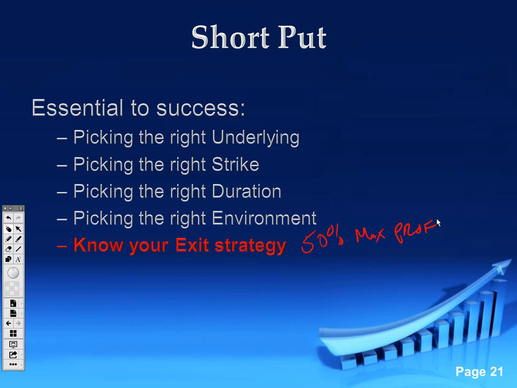But for me, I am most likely going to just let this decay out because I want to get that full credit. I want to keep it in there. I want to average my trade out, all right? So staying with that is going to be really important for dollar cost averaging.